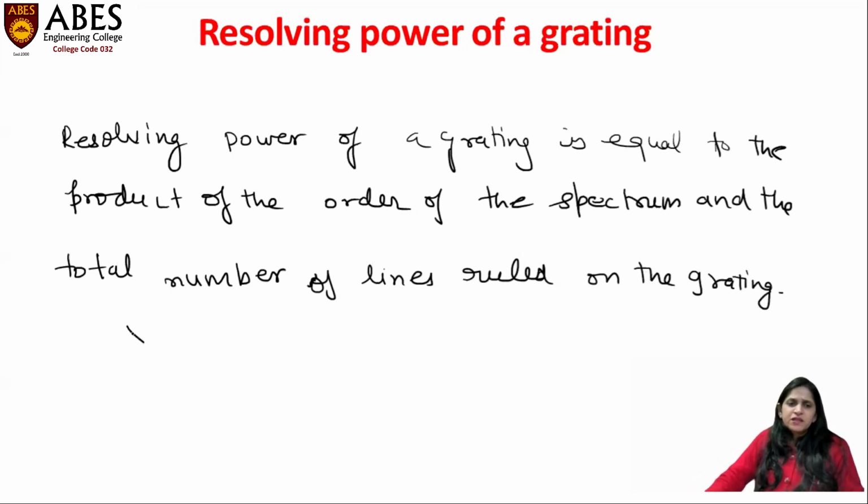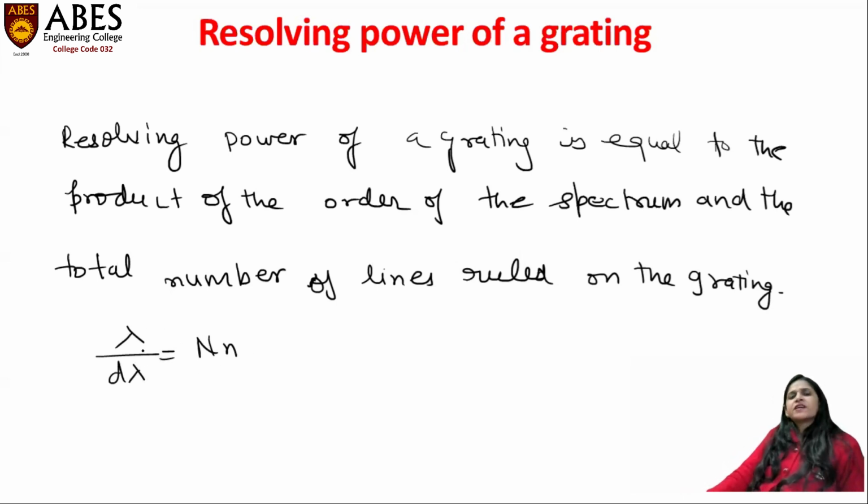So lambda upon d lambda depends on n and N. If n increases, the resolving power will increase, and if capital N increases, the resolving power of a grating will also increase.